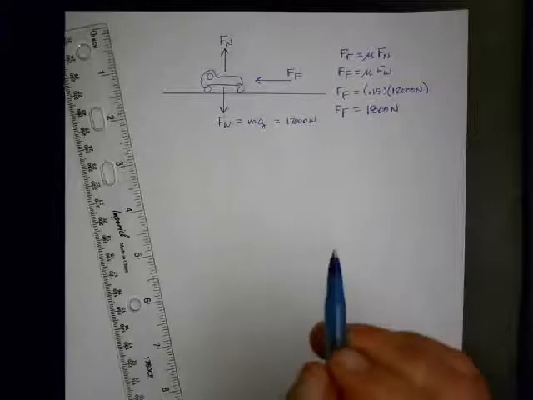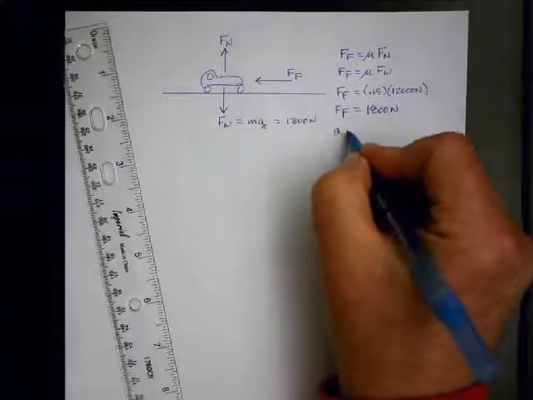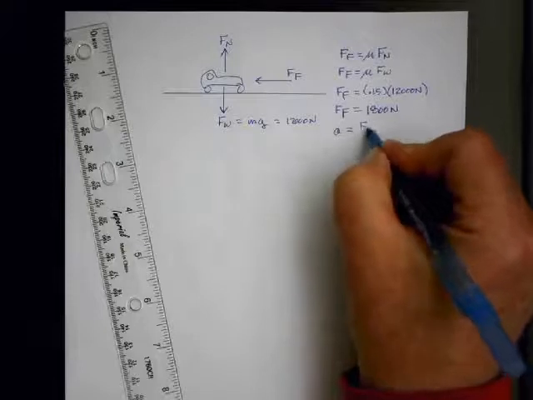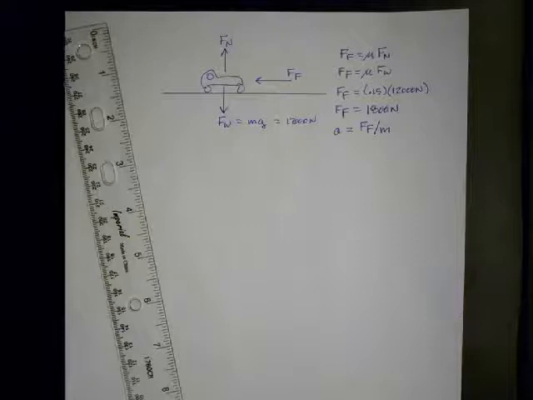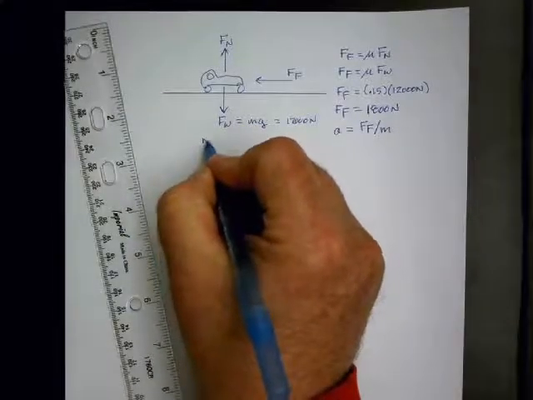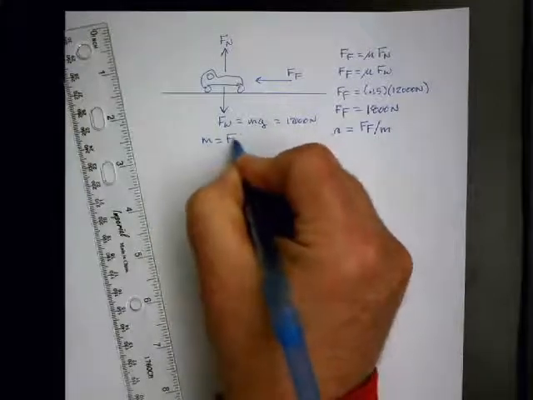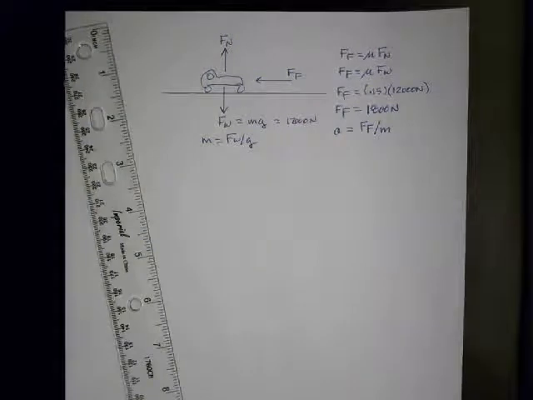Now, eventually I want to figure out how far and how long this takes. So I need acceleration. And to get acceleration, since that's the only force that's involved, I have to divide by the mass. Now, I don't actually have the mass at this point. However, if I take the weight and divide by gravity, then I have the mass.